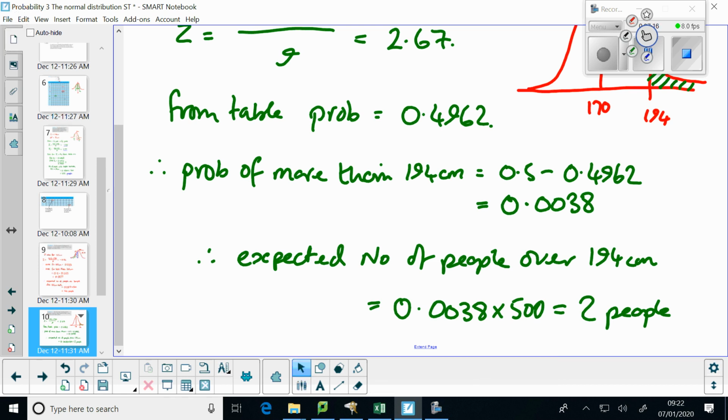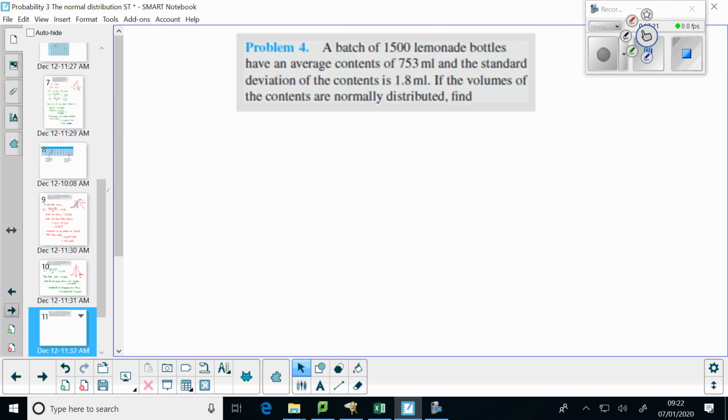Okay. The next problem, it looks like I've missed it out. 1,500 lemonade bottles have an average content of 750 ml, and the standard deviation is 1.8 ml.